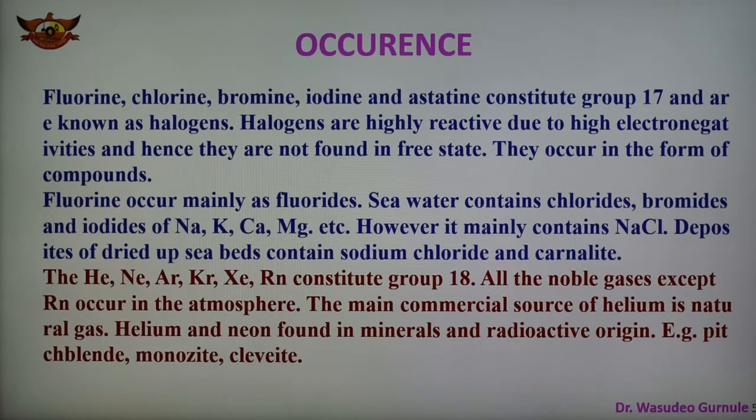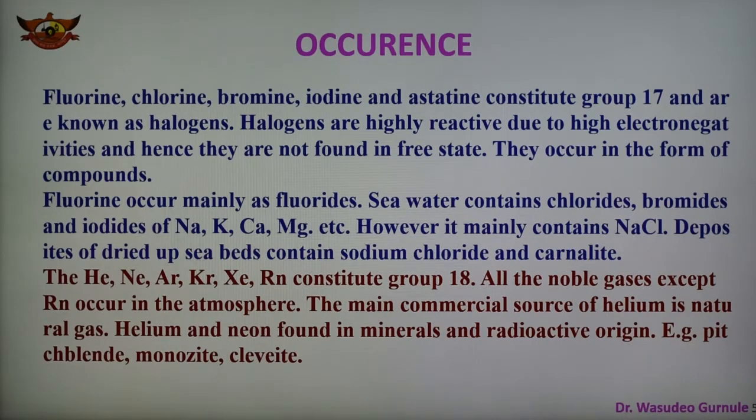halogen family. And the last group is known as the noble gases. As we know, the elements helium, neon, argon, krypton, xenon, radon are grouped together in group number 18 of the periodic table. All these elements are gaseous under ordinary conditions of temperature and pressure.